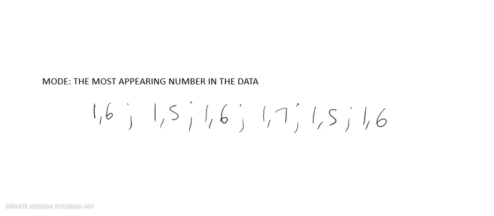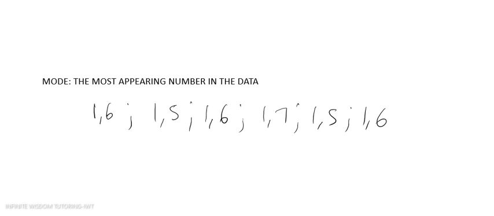If I'm having the height of a specific group of people, perhaps 1.6 meters, having 1.5 meters, having 1.6 meters, having 1.7 meters, having 1.5 meters, and then 1.6 meters. What we need to determine the mode is not a calculator, but rather inspecting the data, analyzing it.